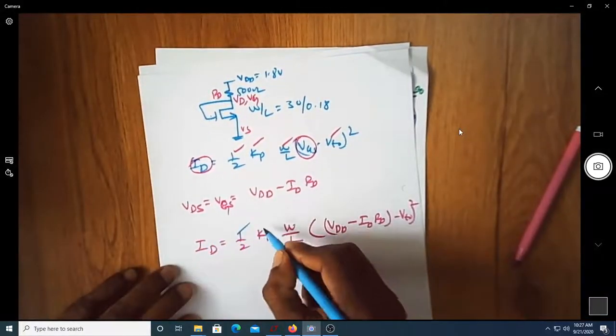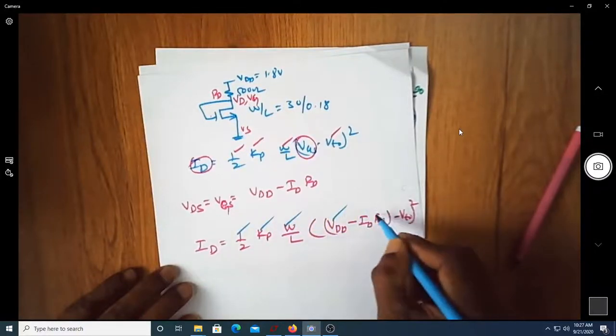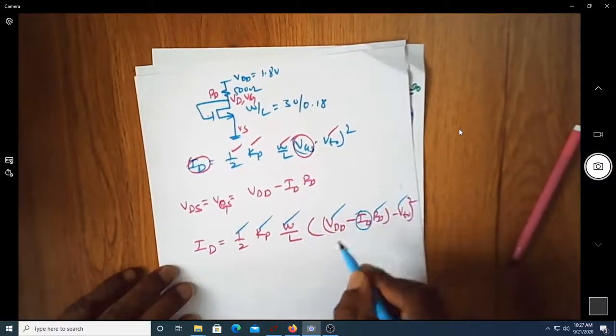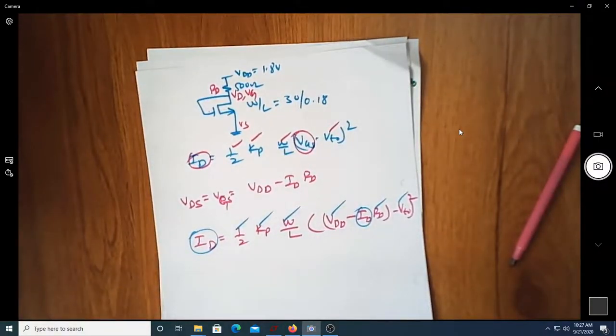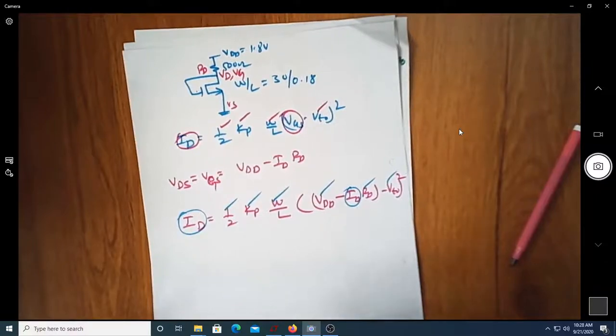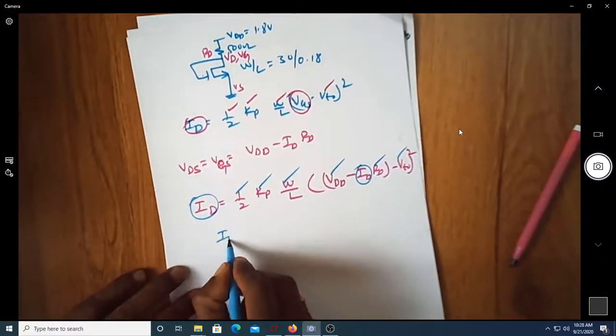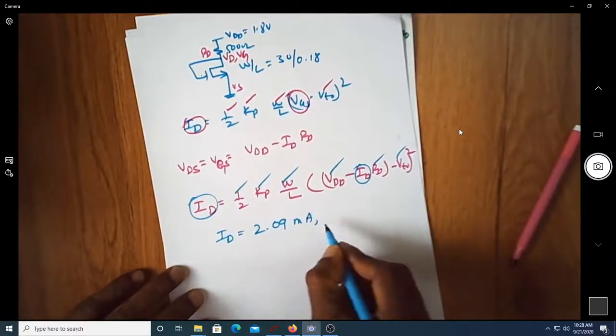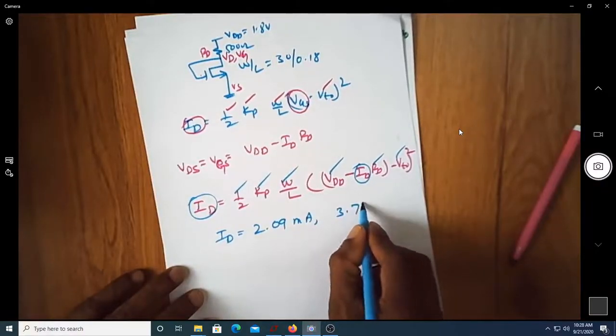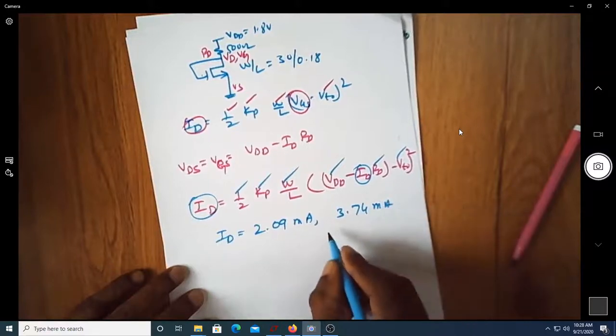Now I know this value, this value, this value, this also known, this also known, this also known. Only these two are unknown values. If we can actually find the two possible currents using a calculator, I'm getting the values as ID is equal to 2.09 milliampere and the other one is 3.74 milliampere.